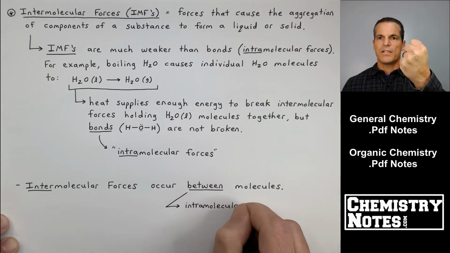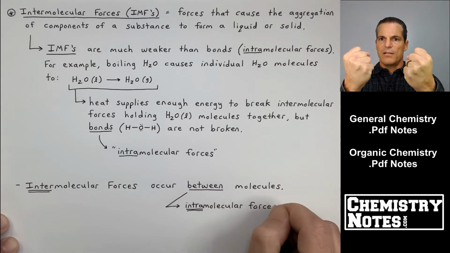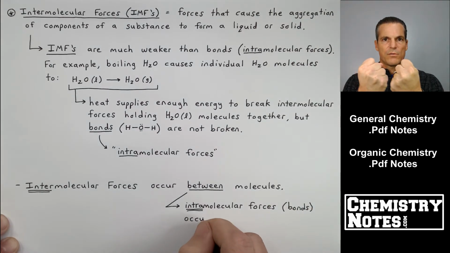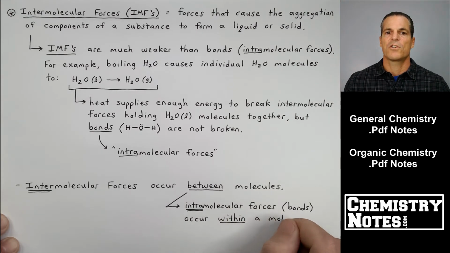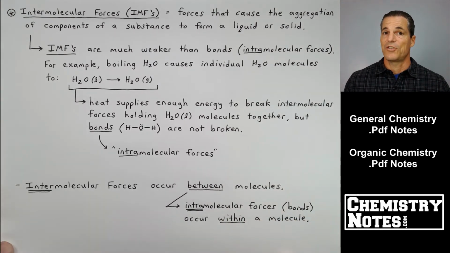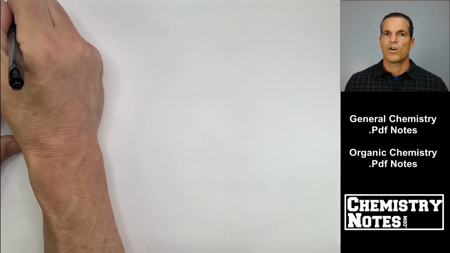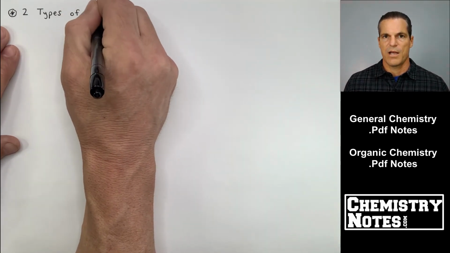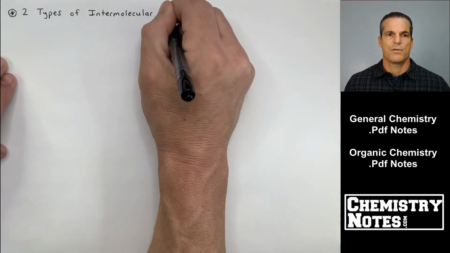So if this is one H2O molecule and this is another H2O molecule, isolated molecules next to each other, there's an attractive force between those two. That's an intermolecular force. Intramolecular forces, in other words bonds, occur within the single molecule that you're talking about.